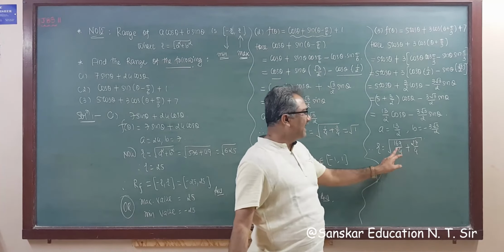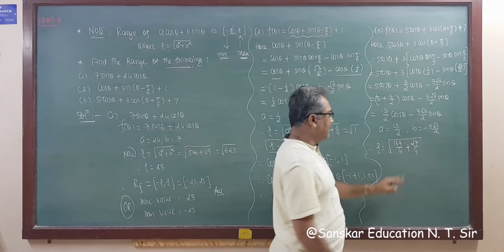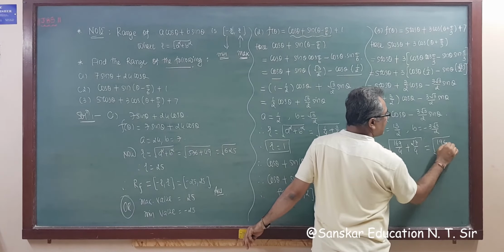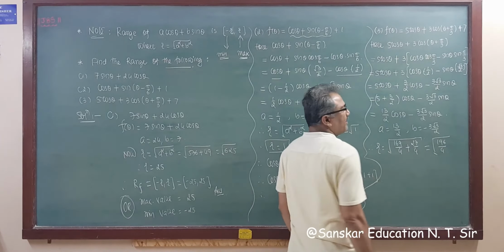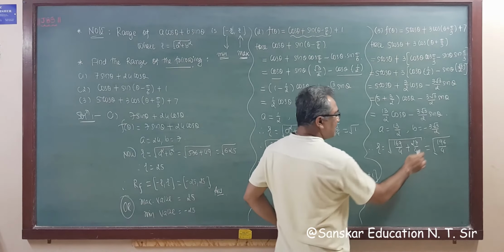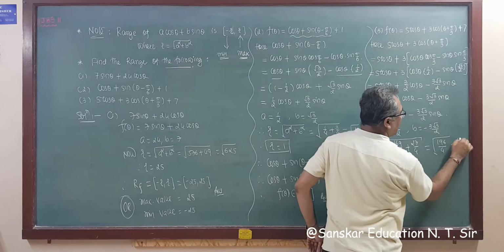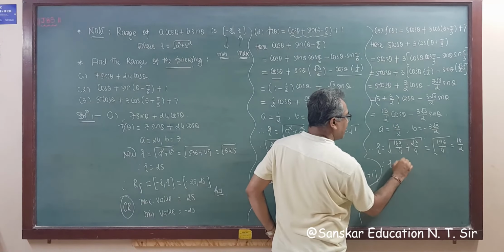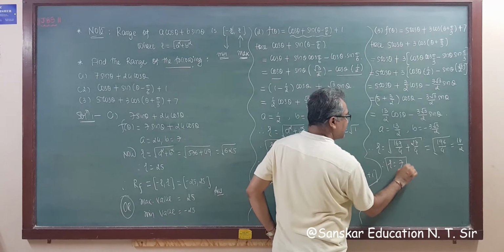So this is 196 by 4. Right? So taking LCM, this will be under root 196 divided by 4. So 196 is the square of 14. So this is square root of 14 and this is for 2. So our answer will be R is equal to 7.